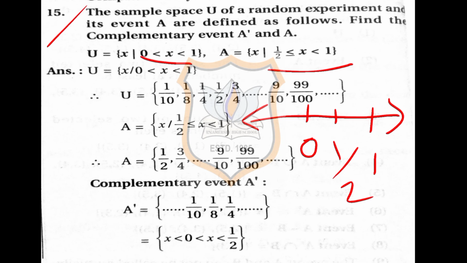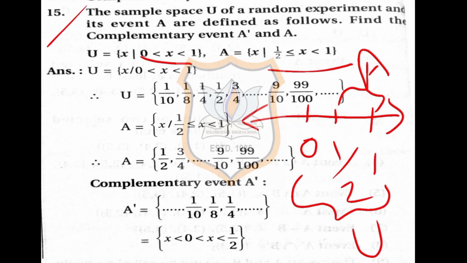So from 0 to 1 is the universal set U and half to 1 is your set A. A contains all the numbers from half to 1 and it may be fractions.